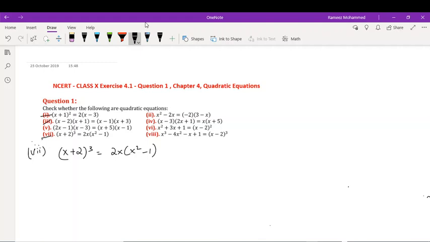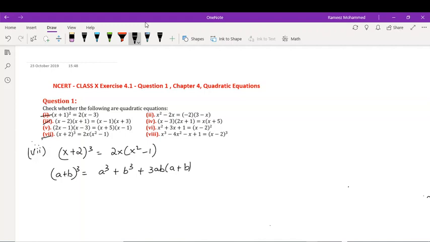For now I don't want to derive it, and I don't want to take much time in this video, so I'll just write the formula. (a plus b) whole cube is nothing but a cube plus b cube plus 3ab into (a plus b). Cool.